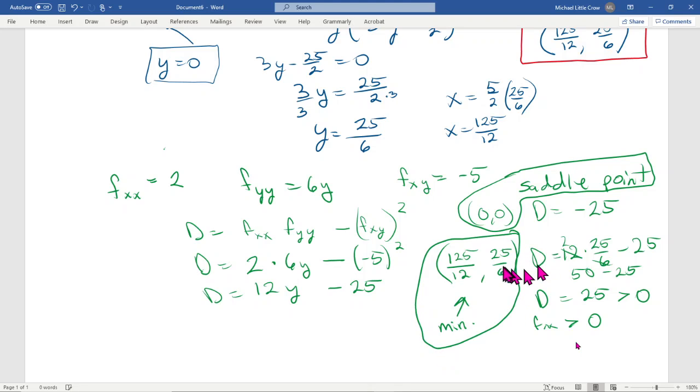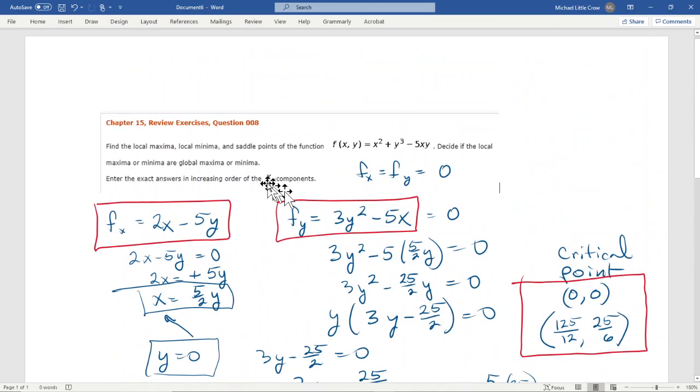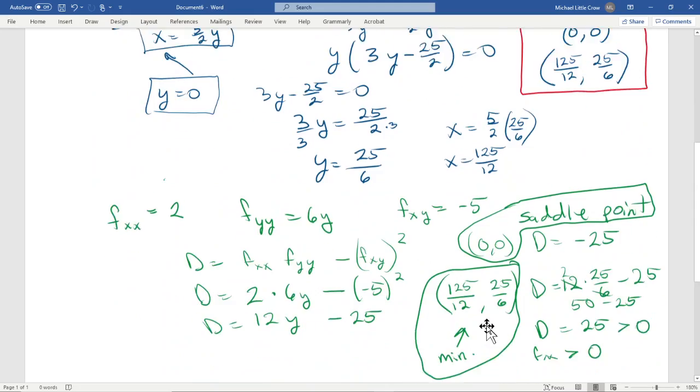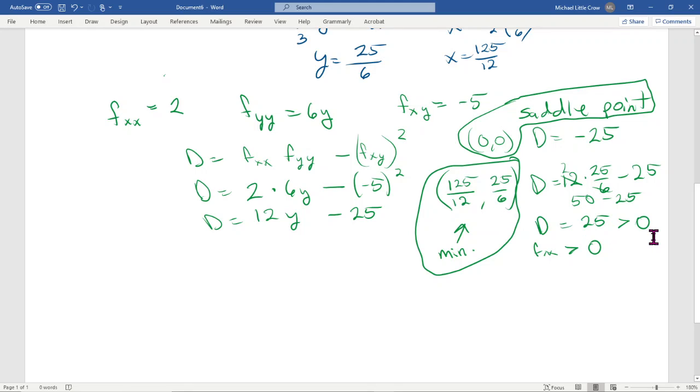And again, you could check it by plugging it in. It's hard to tell. They ask, let's see, minimum, maximum, or global maximum minimum. If we know it's a minimum, is it a global minimum? Well, we'd have to kind of evaluate this at other points to see if we get more minimum than we do plugging this in.